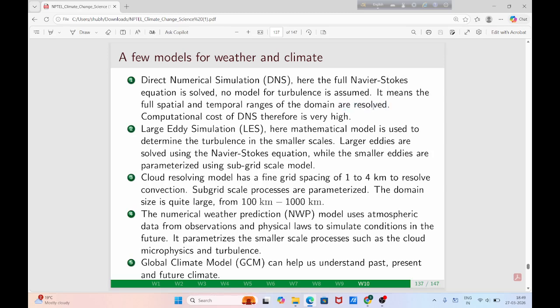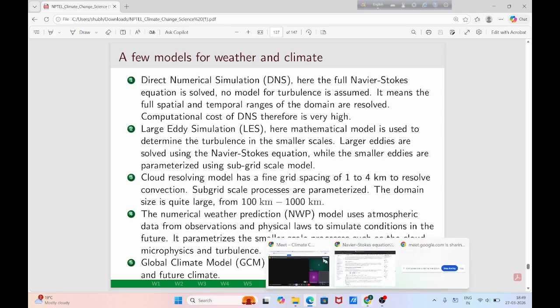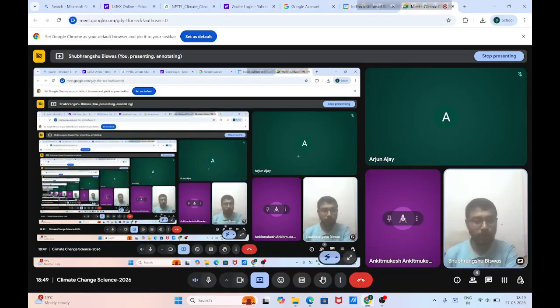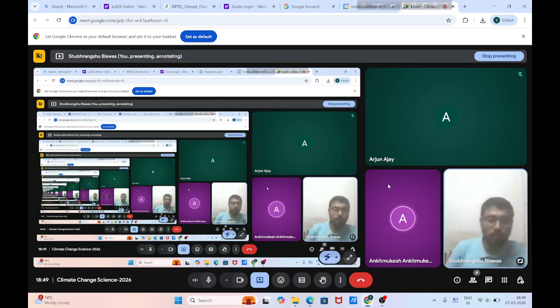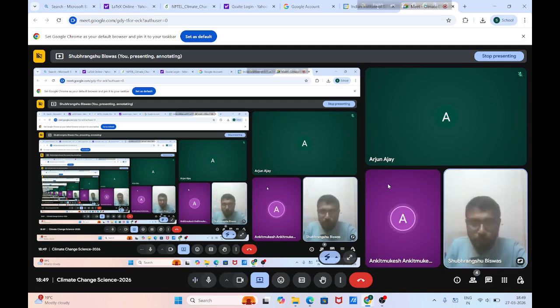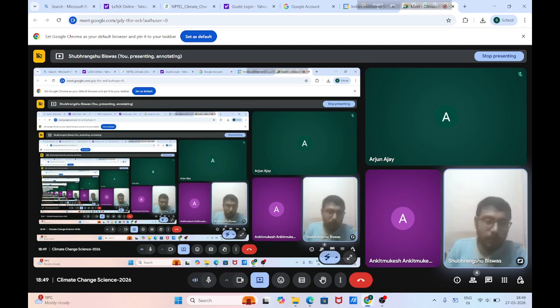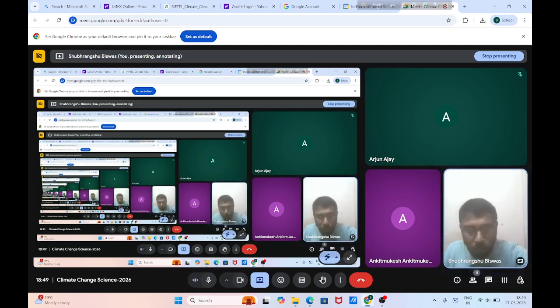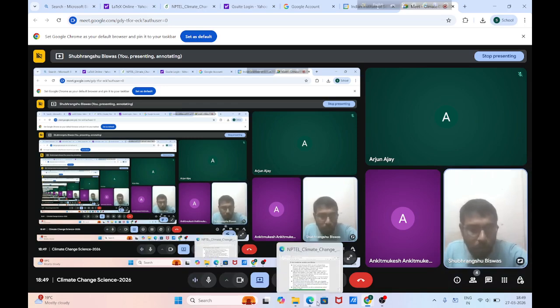Now, if you can solve this, let's say you solve the DNS for the whole world, then you are done. You don't need any extra equation for the atmosphere or for the ocean. You can get the exact solution. That is just a fluid mechanics problem. But that is not possible because it is computationally very expensive. DNS is very difficult to compute, even for a 1 kilometer by 1 kilometer domain.